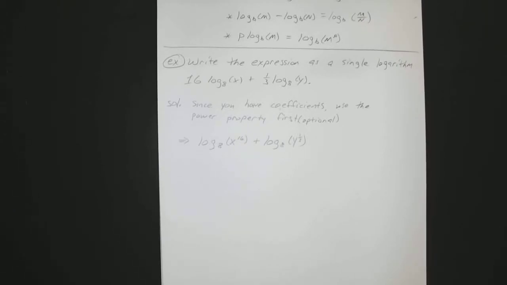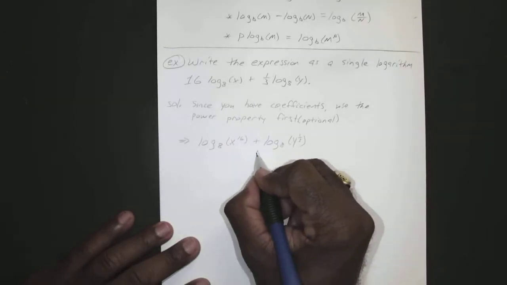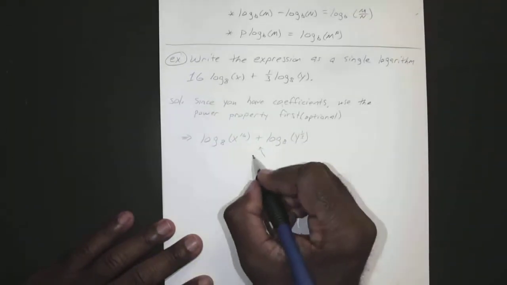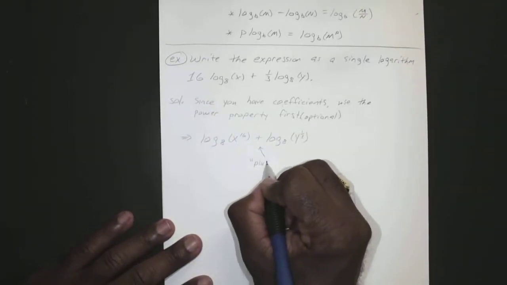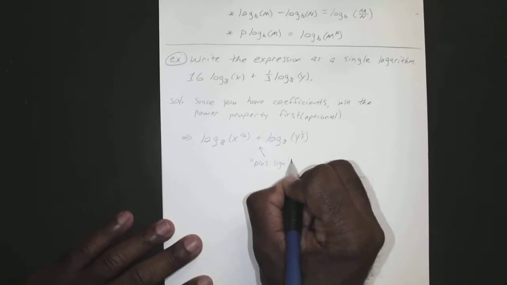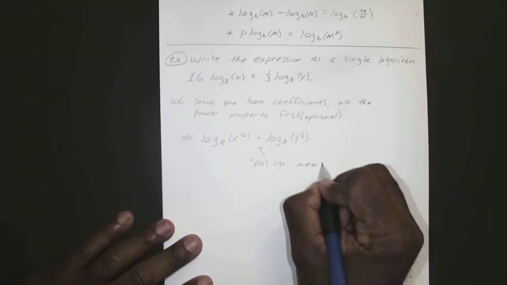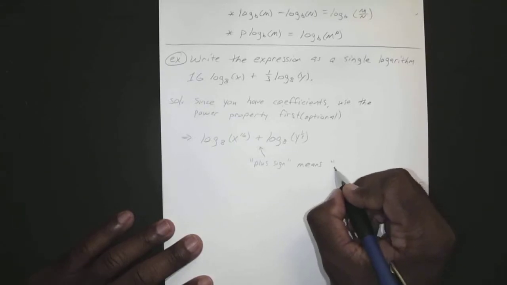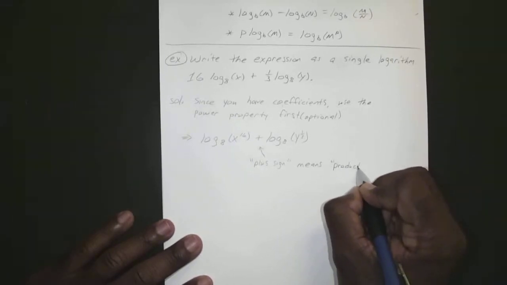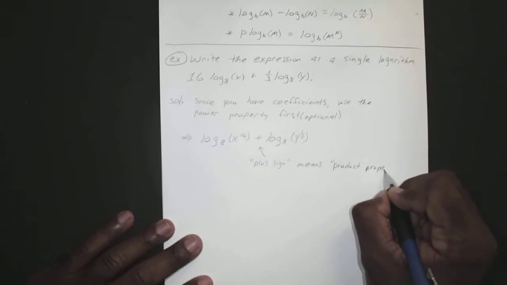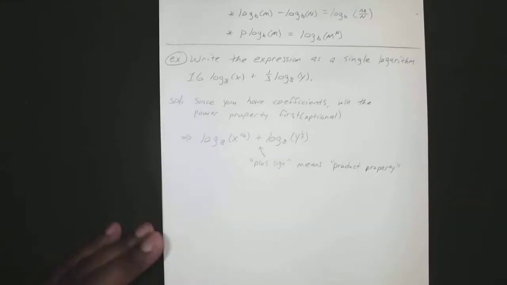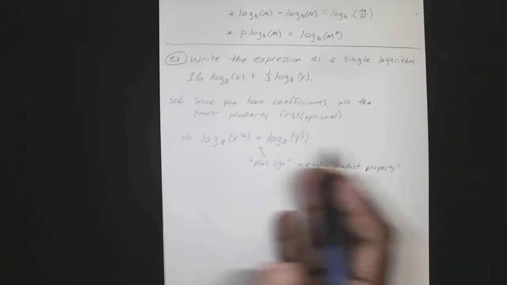Okay, so the next thing you want to look at is the fact that here you have a plus sign. Whenever you see a plus sign, that means product property. So you're just going to multiply those together.